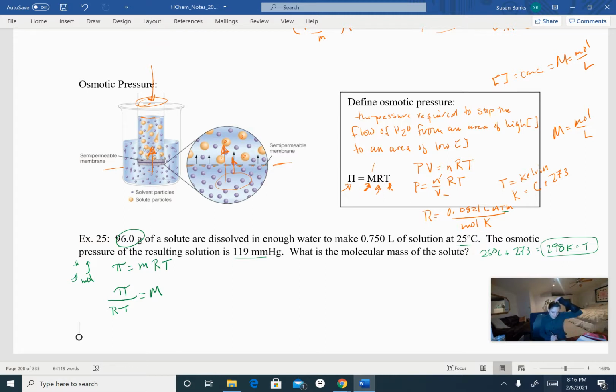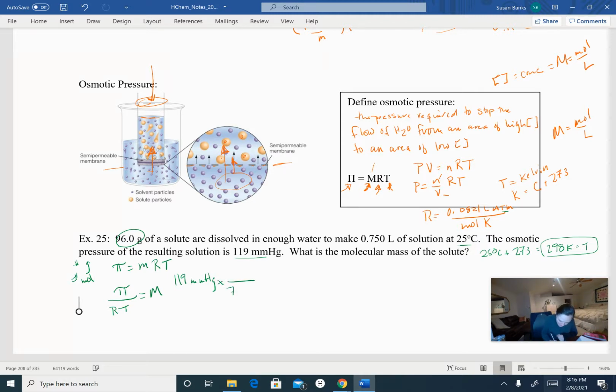The pressure is given to us as 119 millimeters of mercury. We've got to change that to atmospheres.